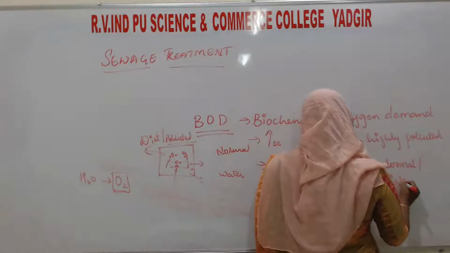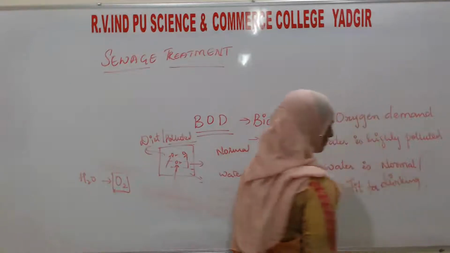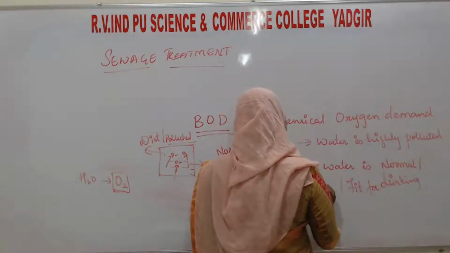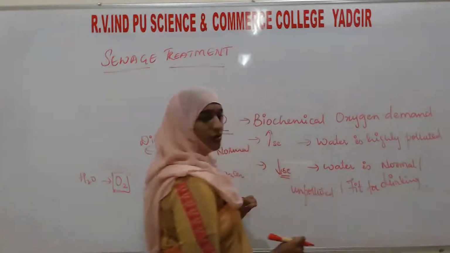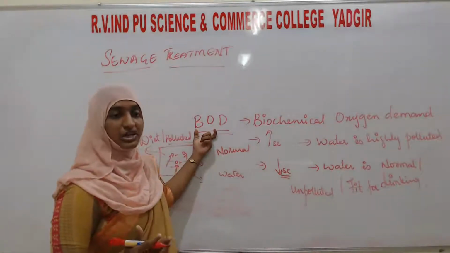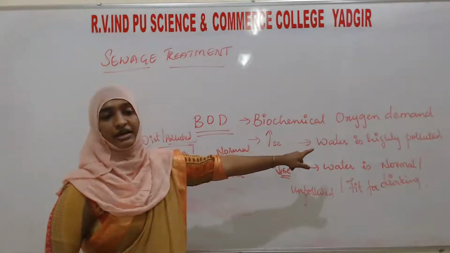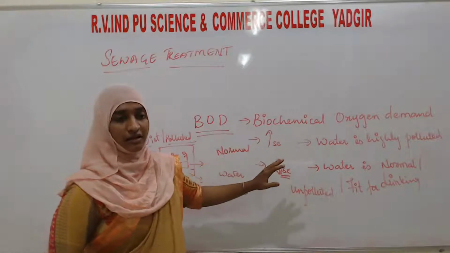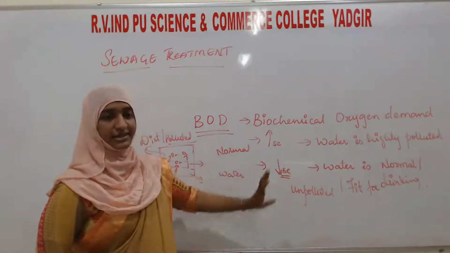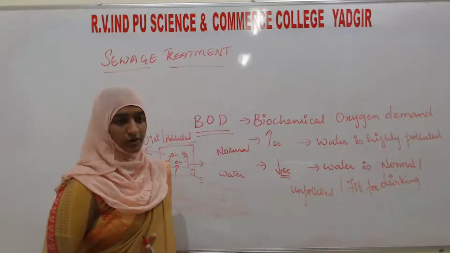Not only for drinking but for all uses, or else we can say it is unpolluted. So this is the indication. If biochemical oxygen demand is increased, we consider the water highly polluted. If it is decreased, we can say the water is normal.